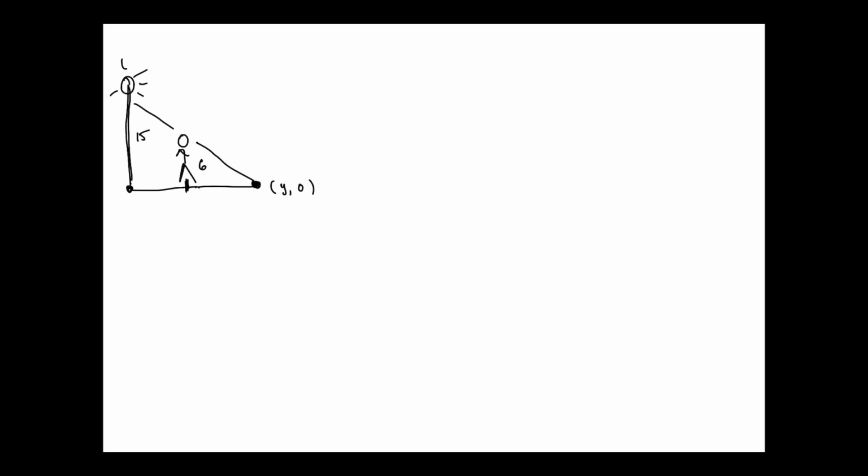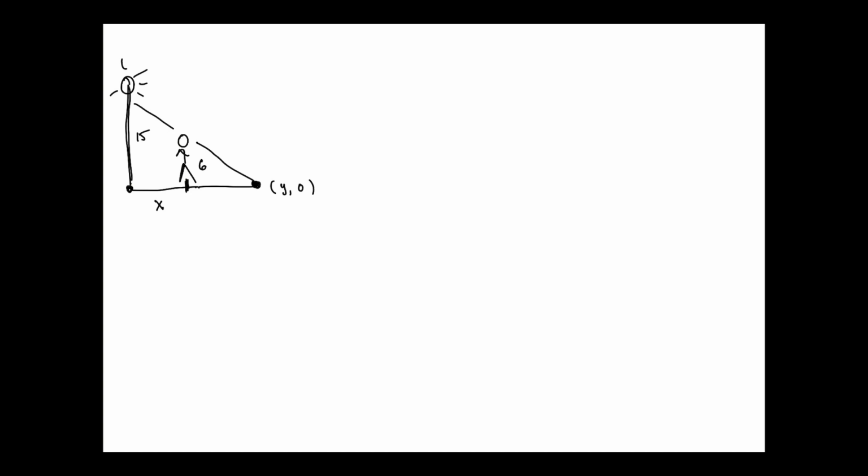And then the other thing I'm going to say is that he is X units away from the lamppost. Now, do you see why I used X and Y separately here? Right, because his distance away from the lamppost.